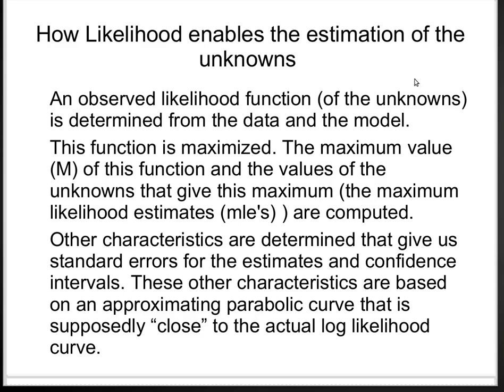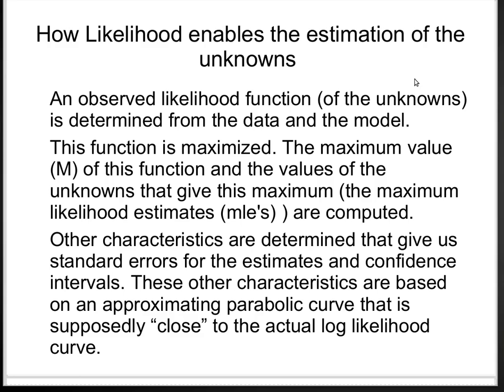And it is argued in many places that one should find the maximum of this function. That maximum height, if you like, for this function, then gives us estimates of the unknown regression coefficients. In this particular case, they're called the maximum likelihood estimates.